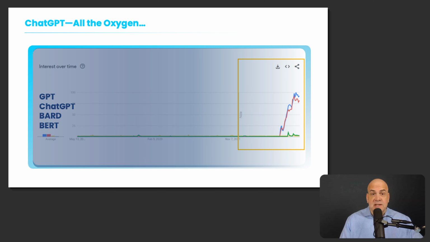You can use the same utility, Google Trends, but you'll see the blue and the red lines there are on GPT, Generative Pre-trained Transformer, or ChatGPT, the interface that many of us are comfortable in using today. And then BARD, which is the Google submission, and BERT, another open source model that is long-standing, 2018 or so.